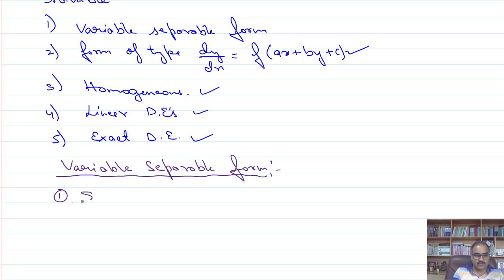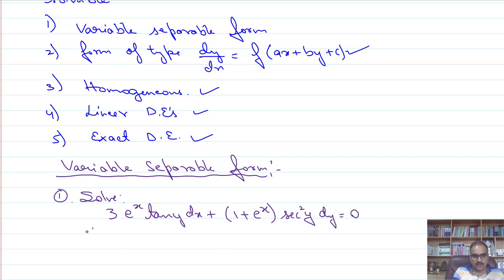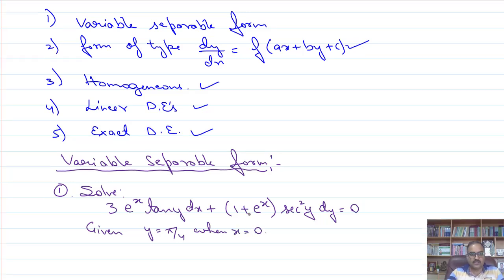So the question is, solve 3 times e raised to power x tan y dx plus 1 plus e raised to power of x secant square y dy is equal to 0, and they have given that y is equal to pi by 4 when x is equal to 0. So this is the problem for us today.